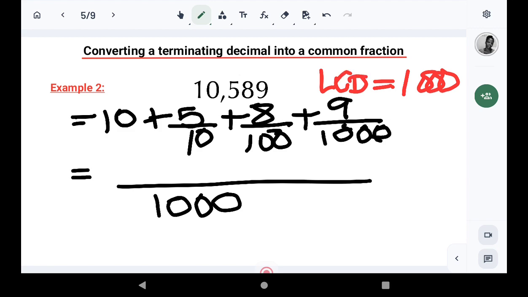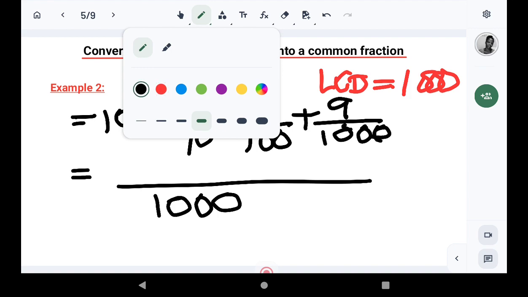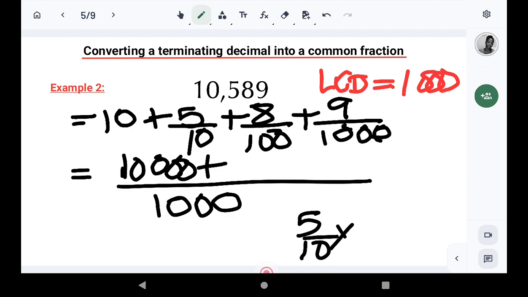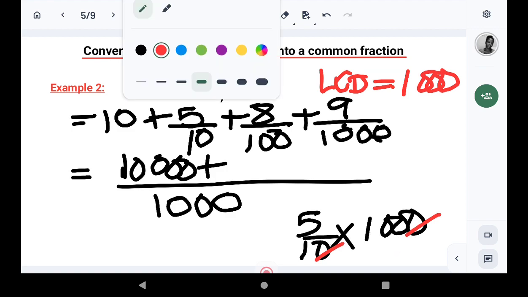So now what you do is you multiply each of the numbers by 1000. 10 times 1000 is 10,000. Plus 5 over 10 times 1000. The zeros cancel and you're left with 5 times 100, which is 500.